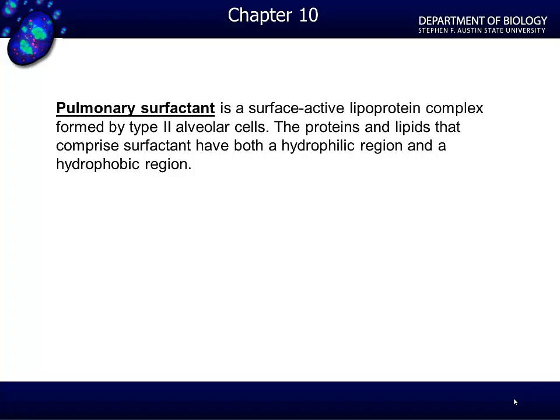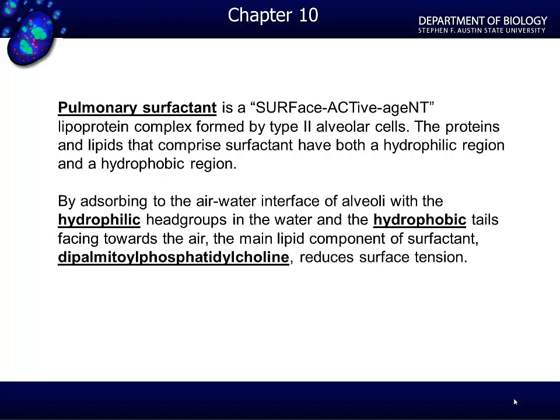The air pressure needed to keep them open would not be sufficient against the surface tensional forces of water, and they would all collapse. So essentially what this amphipathic mix does is, with these phospholipids, the hydrophilic part associates with the water, but the hydrophobic tails keep the water molecules far enough apart that the surface tension is virtually eliminated.